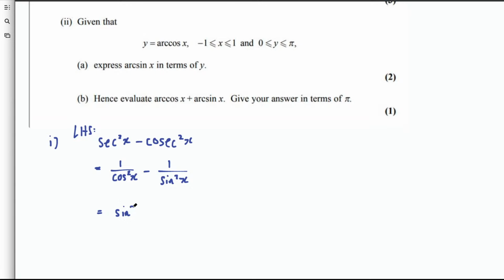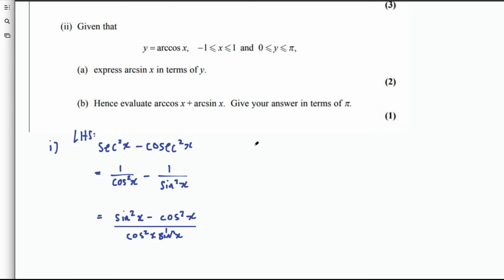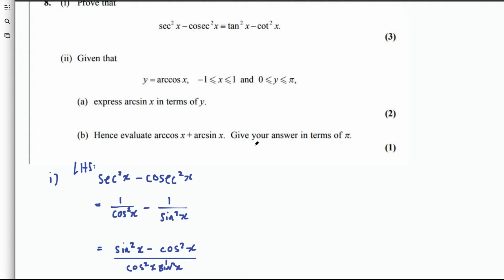So sine squared x take cosine squared x all over cosine squared x take sine squared x. Maybe it'd be easier to start with the right hand side.